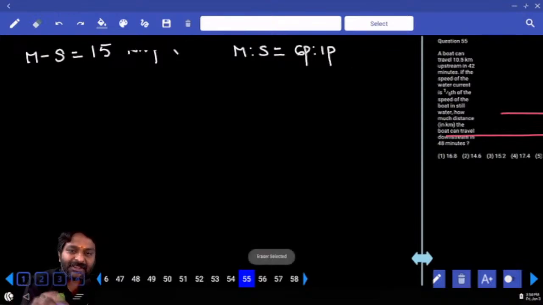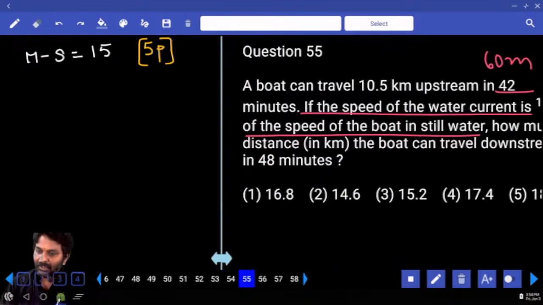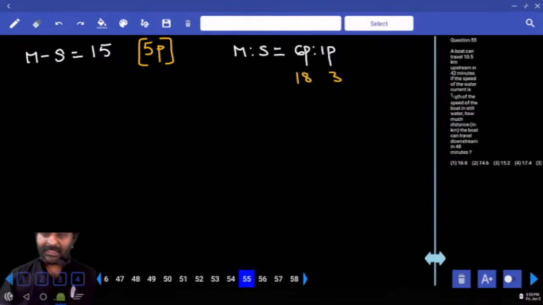So this 15 kilometers per hour, can I write it as 5 parts? Then 1 part is 3, so 6 parts is 18. Okay, continue. How much distance can the boat travel downstream in 48 minutes? Which stream? Down. M plus S, right? M plus S is 21.